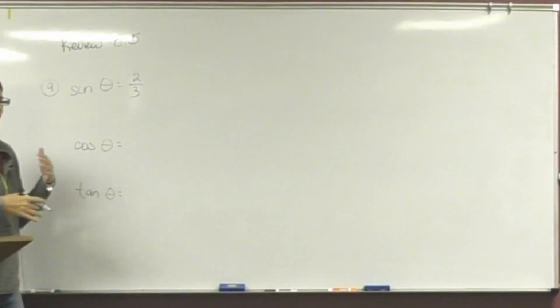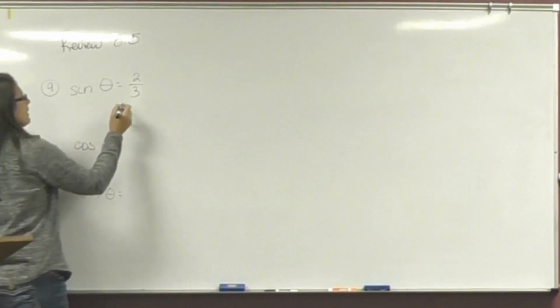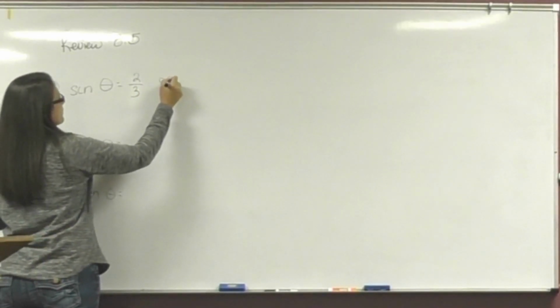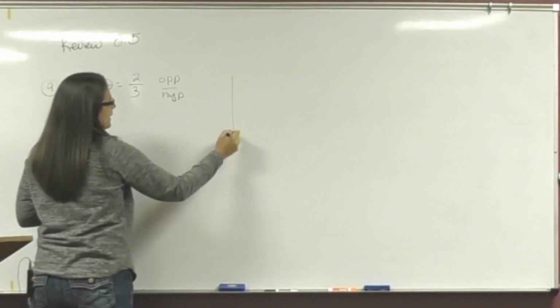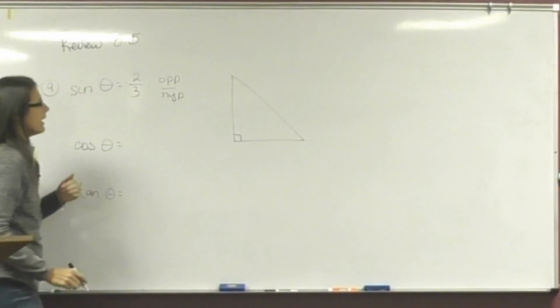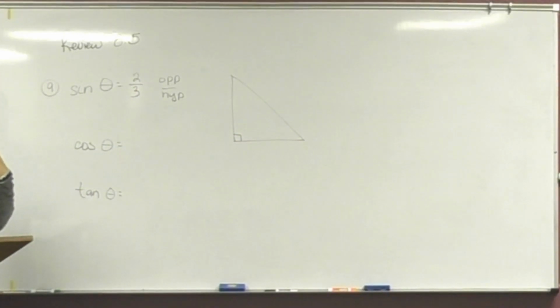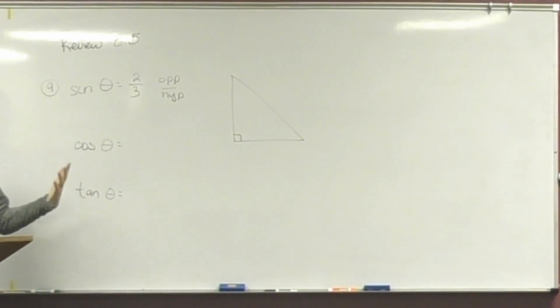So let's piece together, I know that sine equals opposite over hypotenuse. So I can get this 2 and this 3 situated, okay? I have to assign theta to one of these acute angles. It doesn't matter which one. It's all going to come out in the wash, okay?